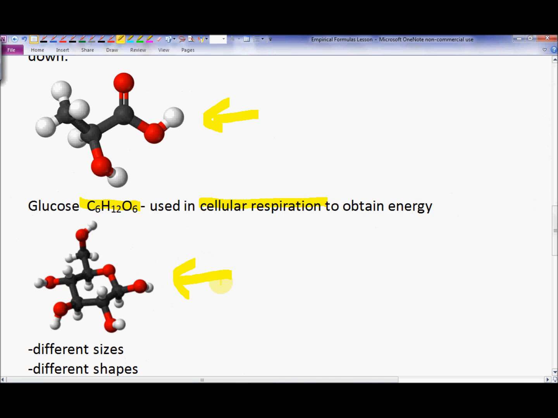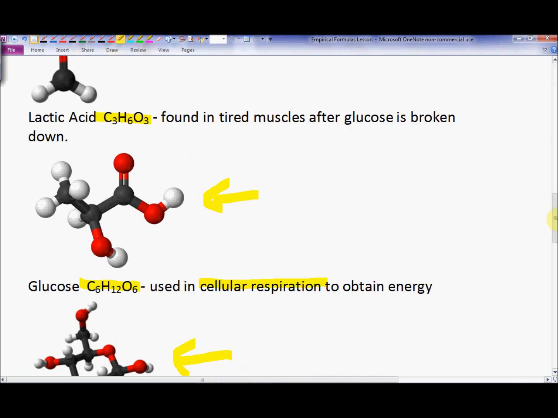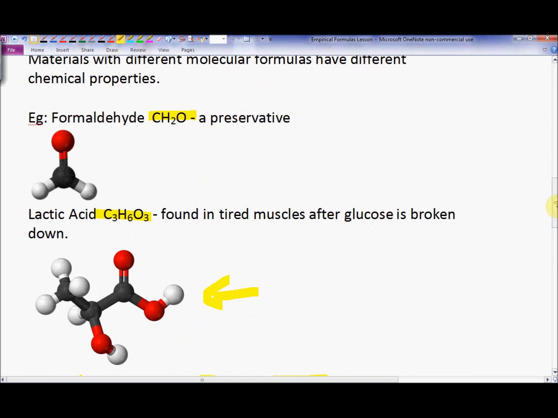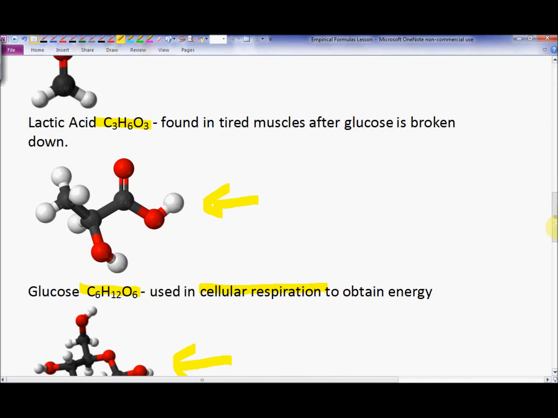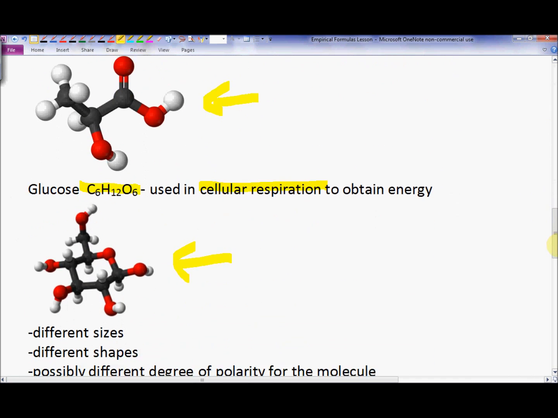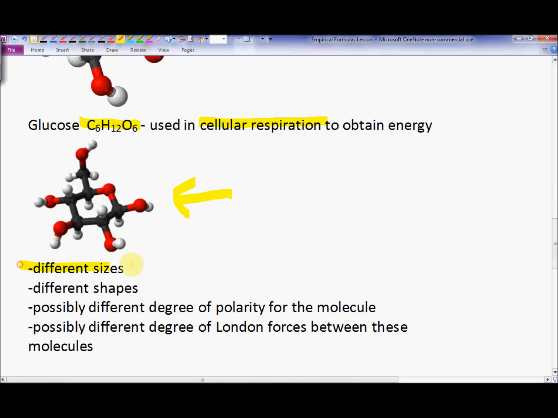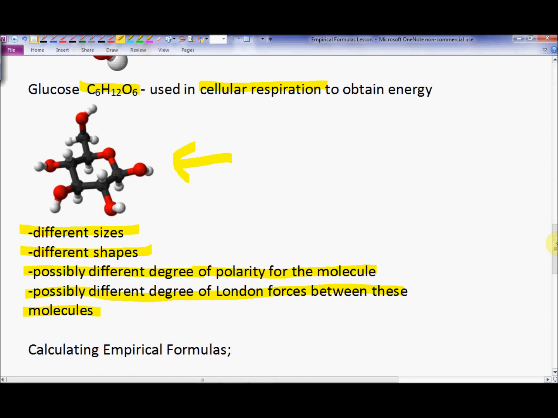So we're seeing for all these different materials with the same empirical formula, the molecules are different sizes. They may be different shapes. Because they're different shapes and different sizes, they possibly have a different degree of polarity for that molecule, and they possibly will have, when they come together, different degrees of London forces between the molecules. And of course, as you know, that has a big effect on their material properties.